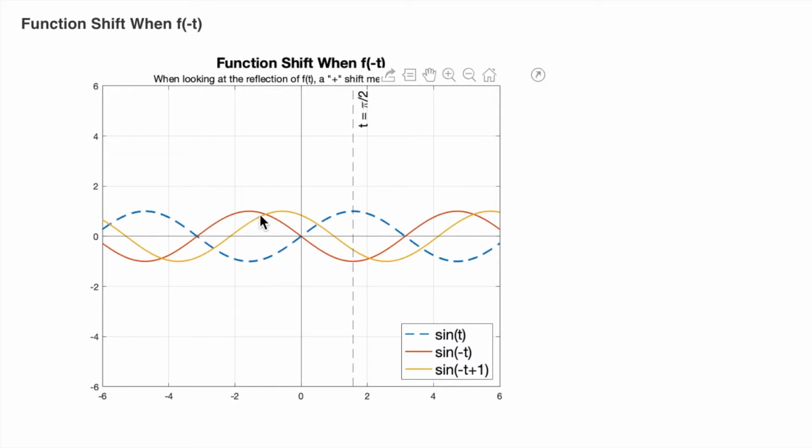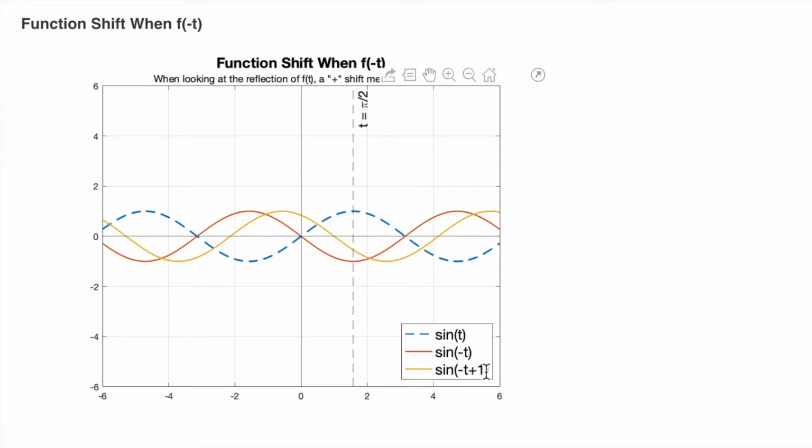Can you see as we're going from the red line to the yellow line, once we have a reflection in the y-axis, we can see that if we add a positive shift, we are now shifting the function to the right. And that is a very, very important principle to get into your head when we're doing convolution. That is extremely important.